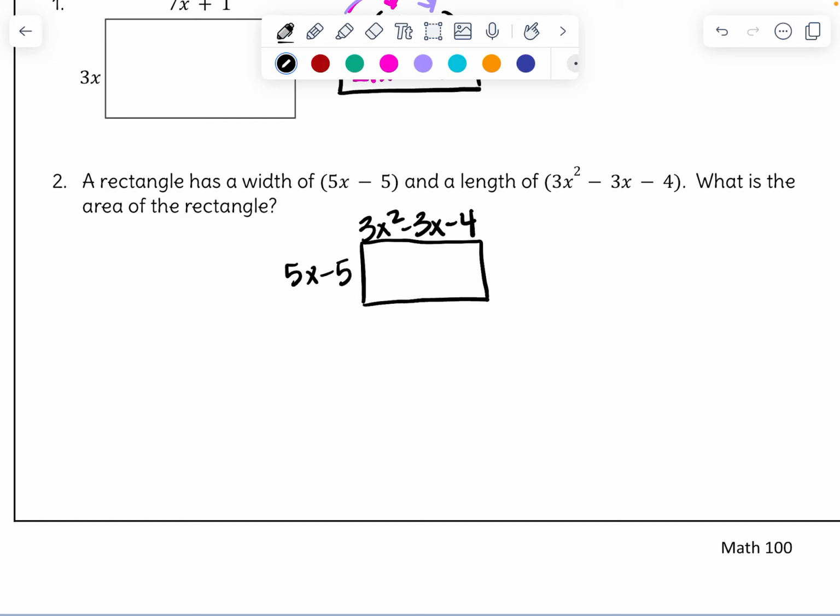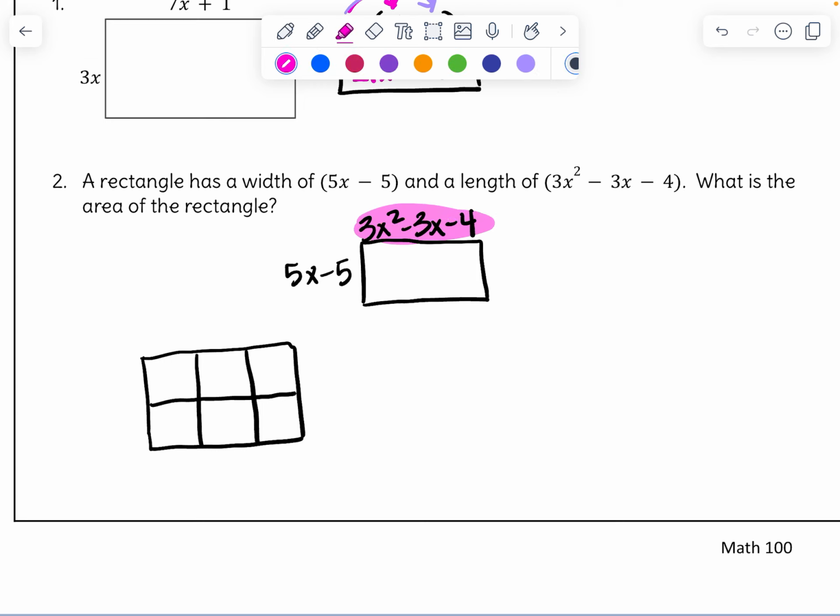So now that I know the length and the width, I need to find the area by multiplying them. I'm going to use the box method this time. So I'll set up a 2 by 3 box. And I'll put the trinomial across the top and the binomial down the side.